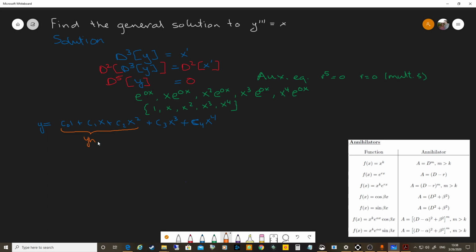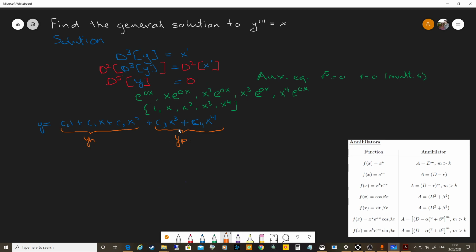So that's yH. And the second part that we got through our annihilator method, that is the particular part of our differential equation.